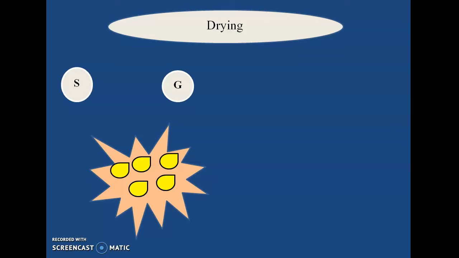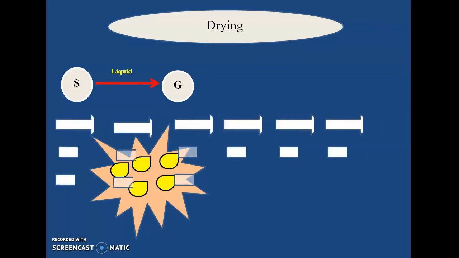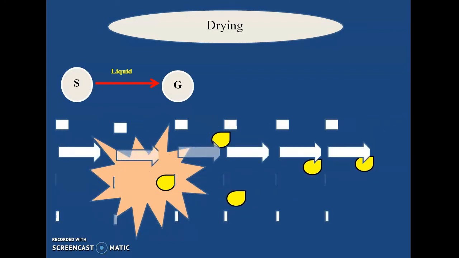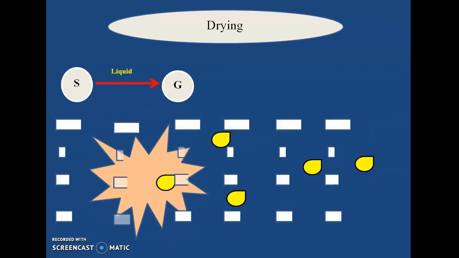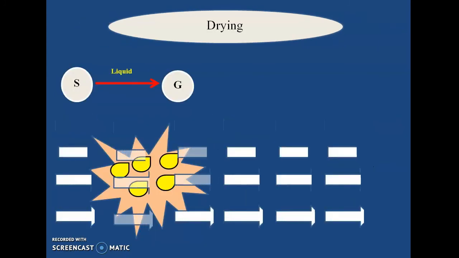Drying is a solid-liquid separation, and in this operation the liquid transfer takes place from solid phase to gas phase. Again, you have a solid containing some liquid, and when you blow some air or gas over this solid, what happens? Whatever solvent is available in the solid gets vaporized and comes to the air phase. In this way we can remove the liquid.